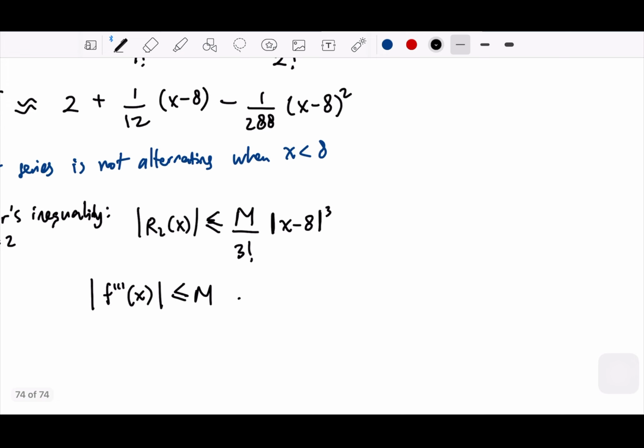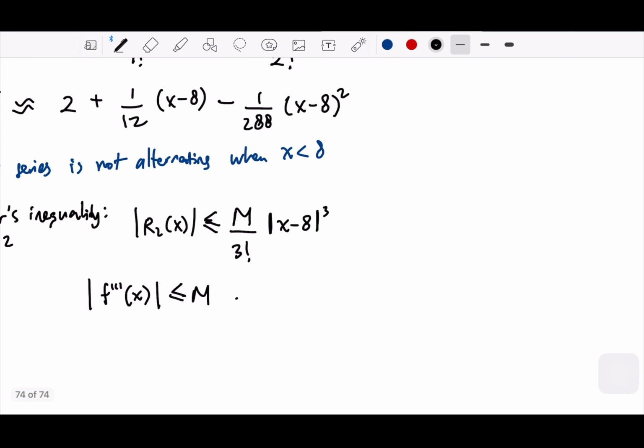And since we have the interval from 7, because x should be from 7, now we have x to the power of 8 over 3 greater than or equal to 7 to the power of 8 over 3.